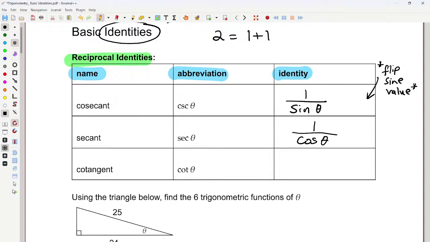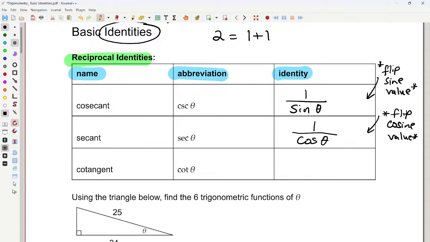So again, that was my connection here. If you saw 2, you could replace it with 1 plus 1. It wouldn't be efficient, but you could. Well, it turns out in more complicated things, maybe in this course, sometimes in calculus, you're going to want to, you see this, you're like, just know it's this. That's the idea. Again, all we're going to do here is flip the cosine value.